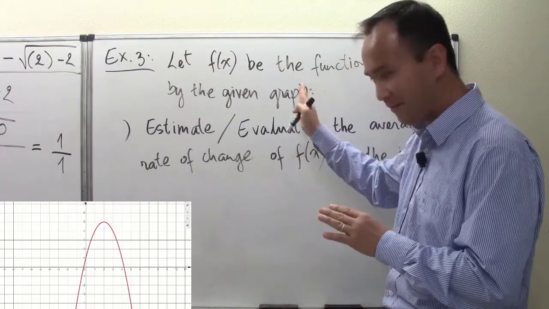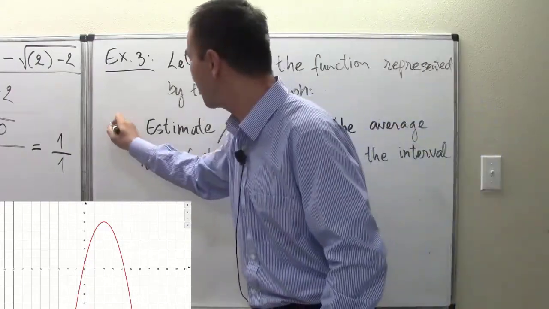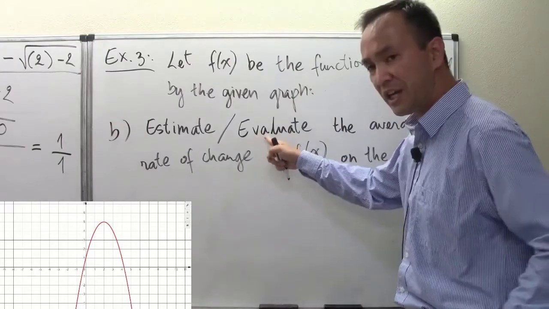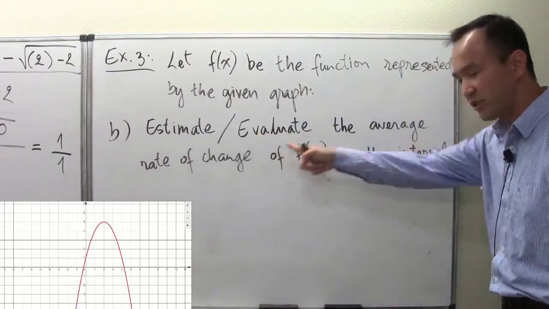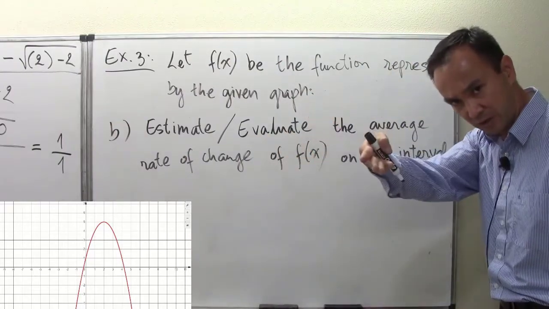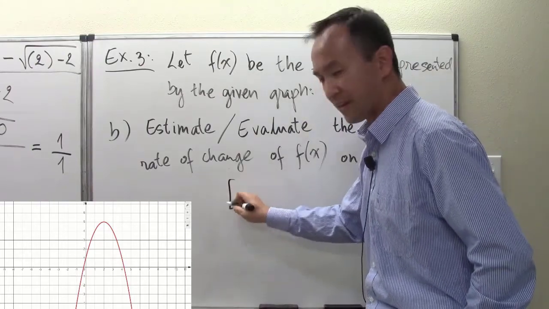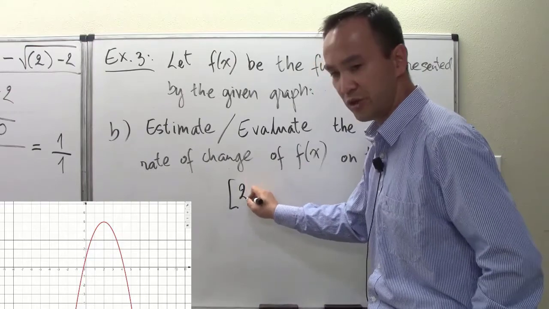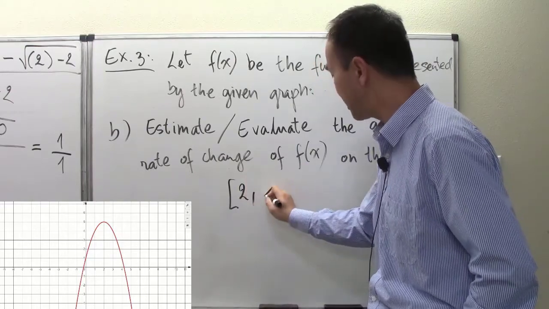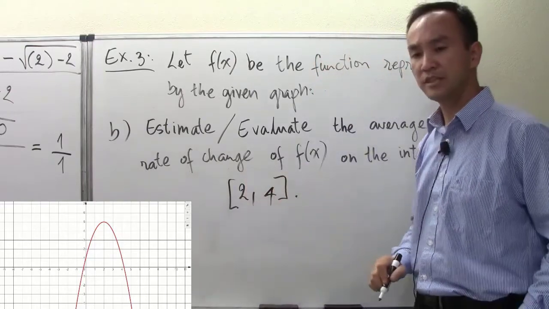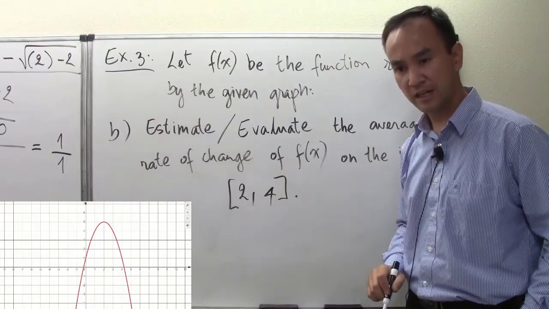In part B, we want to estimate that average rate of change again of the same function with this graph. But now how about our interval from 2 to 4? Let's look at that interval.